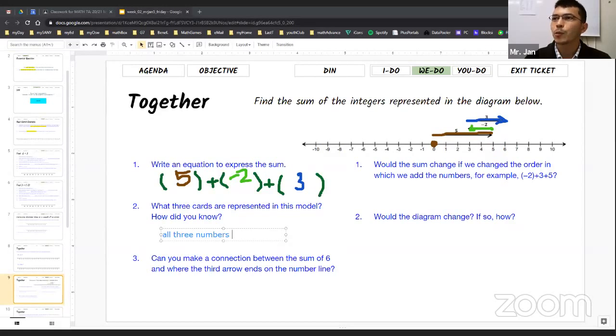Okay, can I rephrase what you're saying? Yeah. Okay, so all 3 numbers, all 3 arrows are kind of connected, right? One arrow starts at the end of the other arrow. For example, the -2 arrow starts at the end of the 5 arrow, right? So all 3 arrows are related to each other.